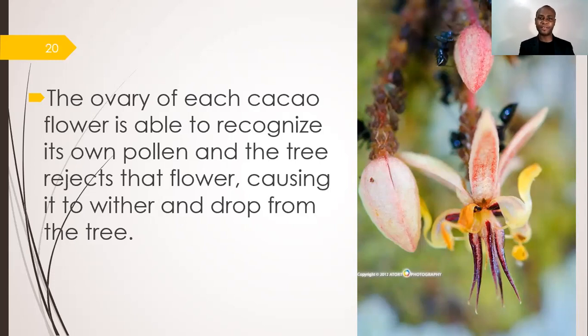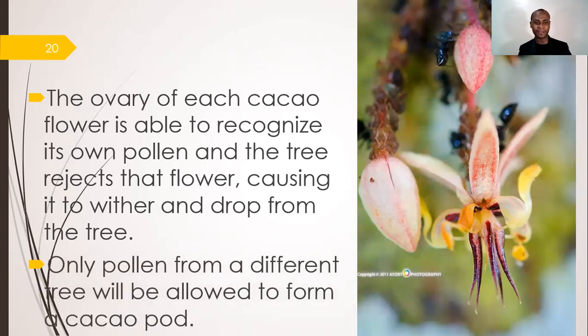And what happens is the tree rejects that particular flower, so the flower withers and it falls down. So only pollen from different trees will be allowed to form a cacao pod.